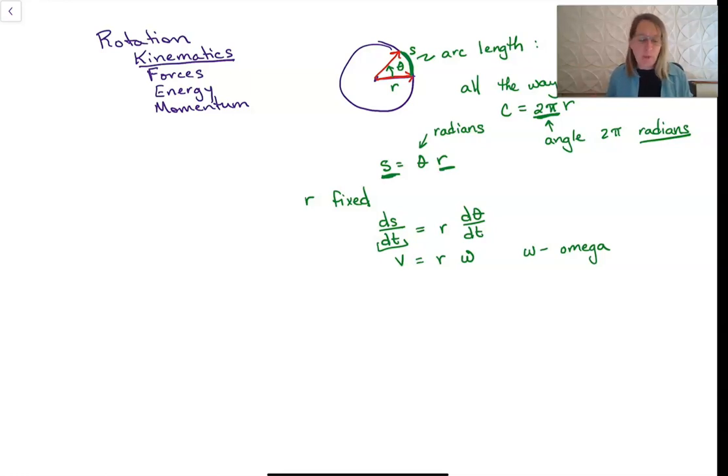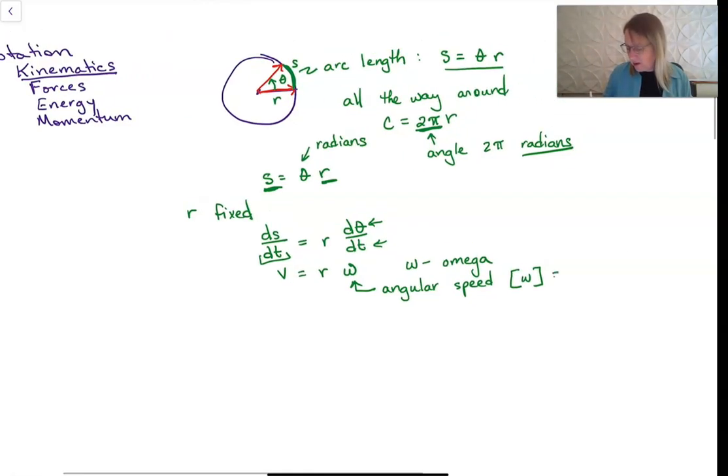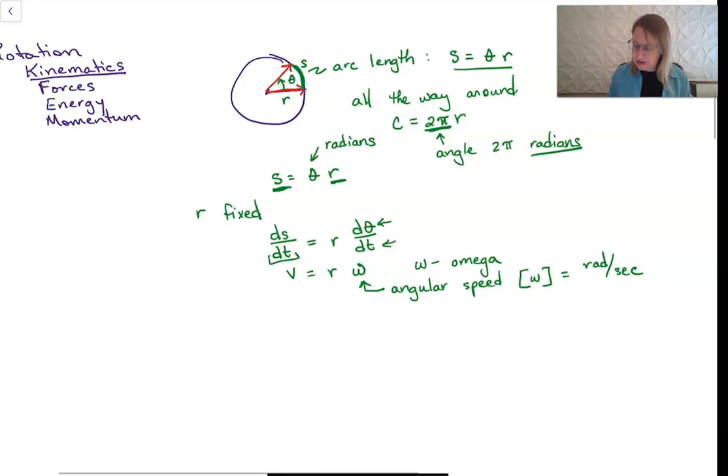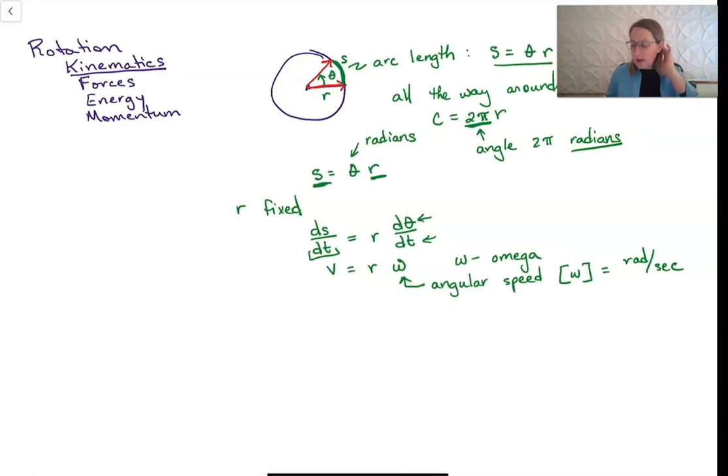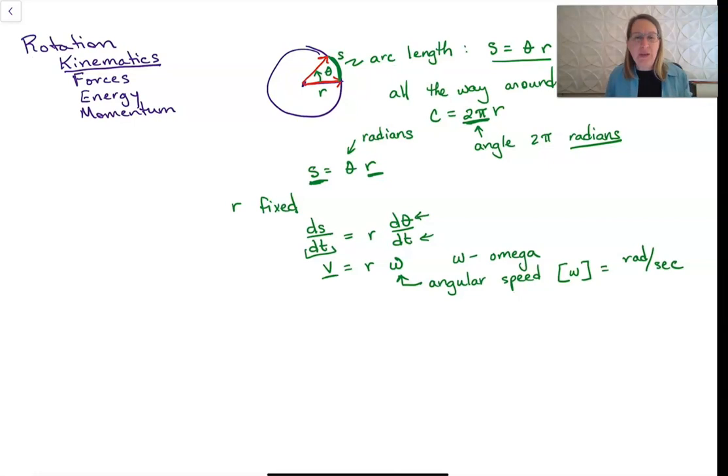So omega is our angular speed. Because I have radians here and time here, the units of omega are radians per second. So that's our angular speed, and that gives us back this speed in meters per second.